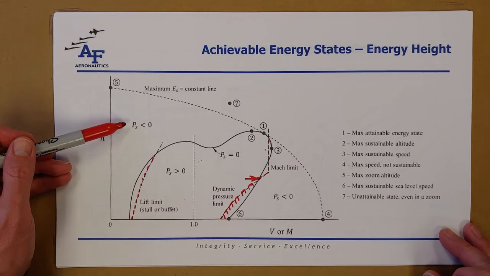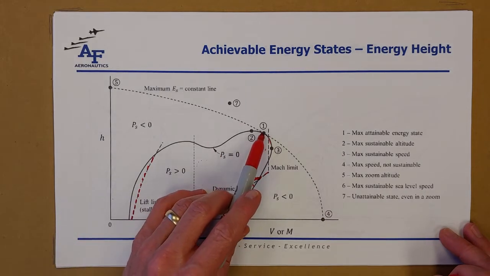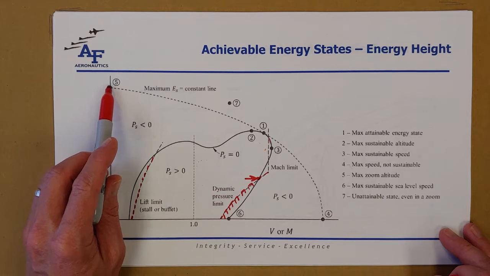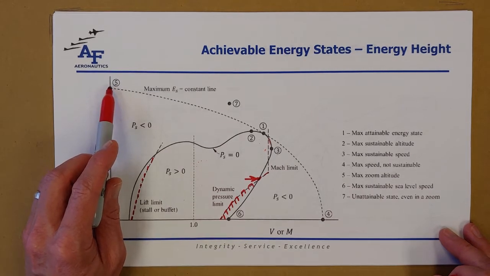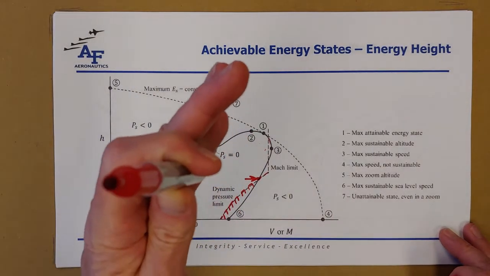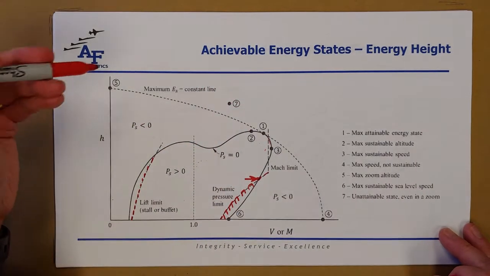It simply means that you can't stay there. So for example, if you were at point 1, you could zoom up to point 5, up to 0 velocity. Now you wouldn't stay there. If you got to 0 velocity, let's say you're an airplane flying straight up, you would reach a point where you would do a tail slide and start coming back down.